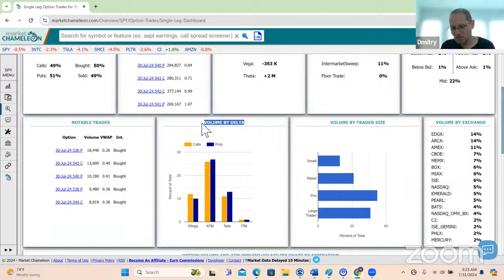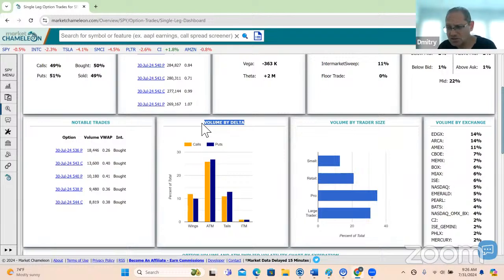When you have a call option that's very deep in the money, it can have a 100 delta, which means that it's very sensitive to the stock move. If the stock moves up $1, the option is expected to move up $1 if it's very deep in the money. If the stock moves down $1, the option is expected to move down $1.